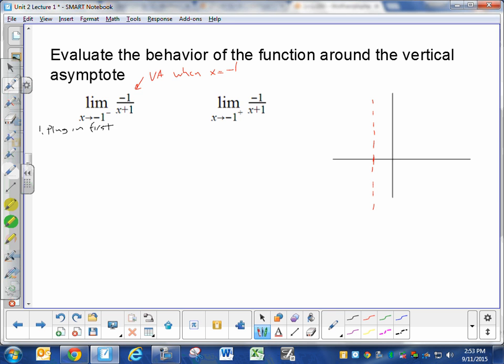I always said you should always check your limits by plugging in your value first. And if you get a defined value, then you win. You don't have to worry about it. Well, I'm going to do the same thing here. I'm going to plug in your value first. Now, typically, we would just plug in negative 1 and realize this is 0 and this is negative 1 over 0, and that's undefined. But I'm going to include the minus sign here.